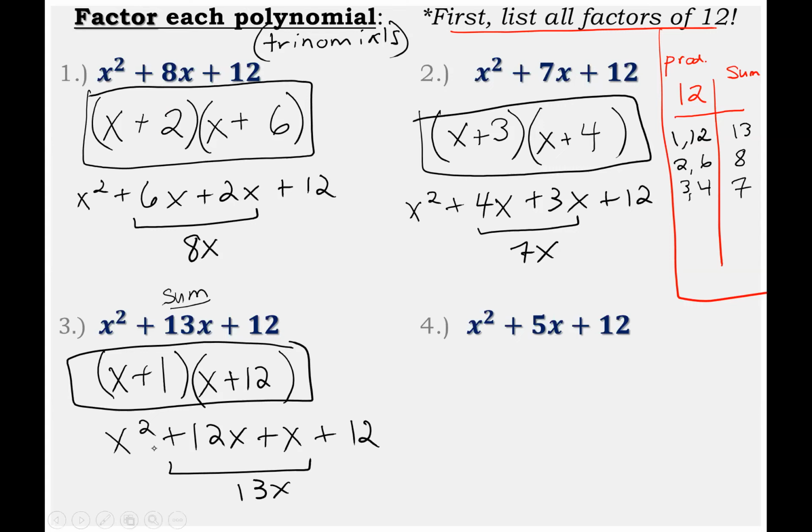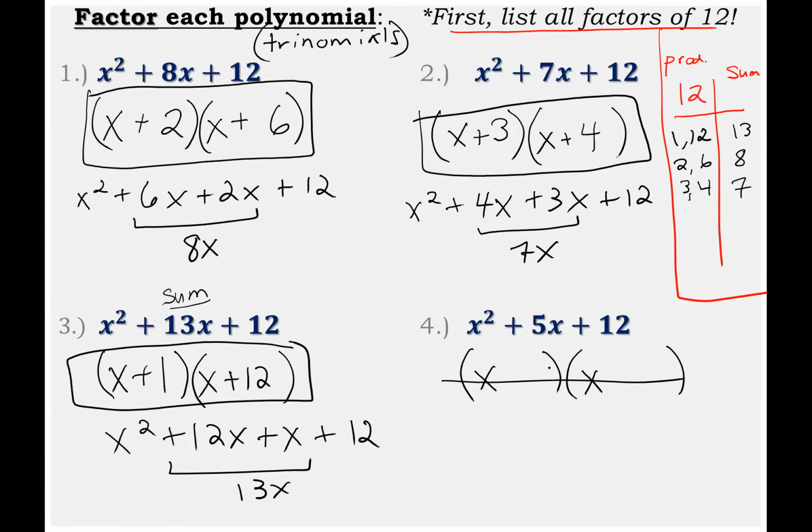So that brings us to number 4. We already made a complete chart here with all the possible factors of 12. None of them add up to 5. So this trinomial is prime. You might have tried something, but no matter what you try, nothing's going to work.